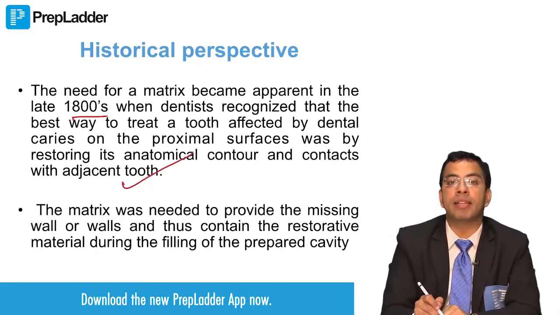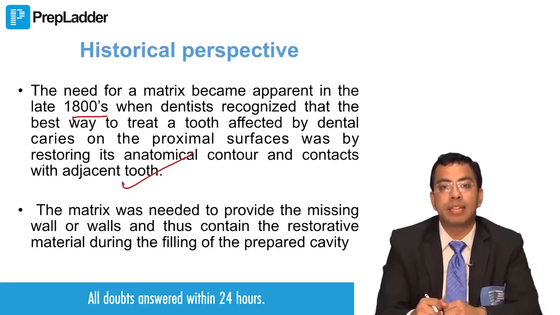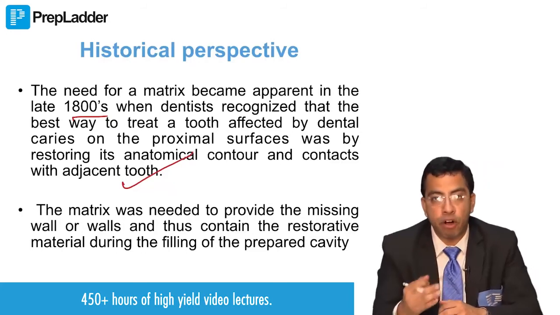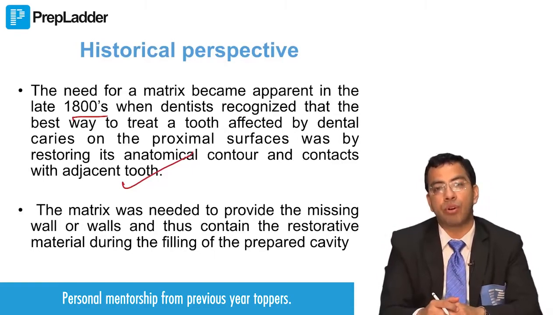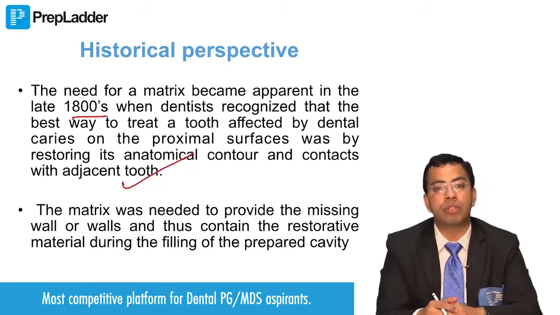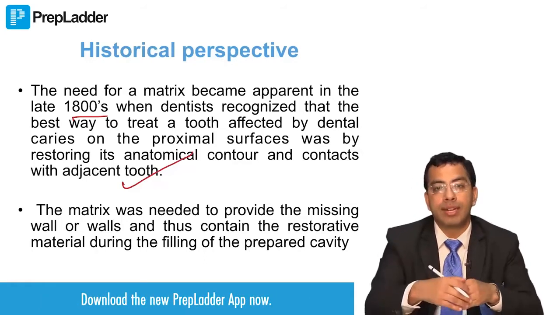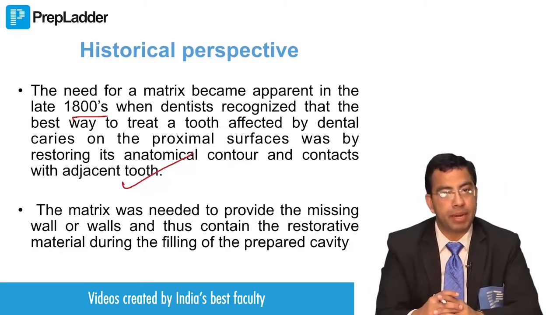Dentists realized way back in the 1800s that if you have a proximal caries, then you can have a better performing restoration if you restore the contact and the contours of the area. And to restore the contact or the contour of the area, it was essential to adapt a band around a tooth structure so that the contour can be maintained.